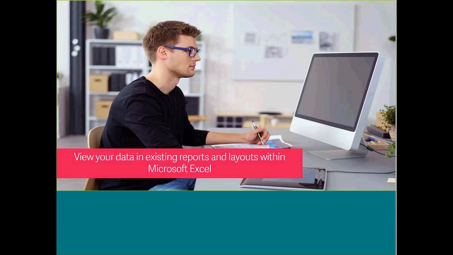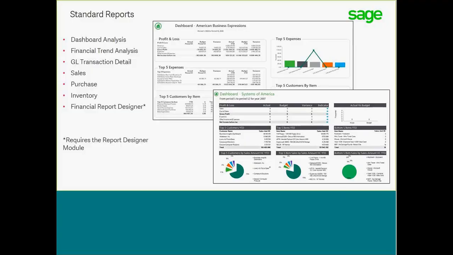So let's look at the existing reports and layouts that are available. Within Sage Intelligence, the Report Manager is the module that you use to run the reports, okay? And this is a list of all the standard reports that we have available that are free, that are ready to go, already built for you to run out.